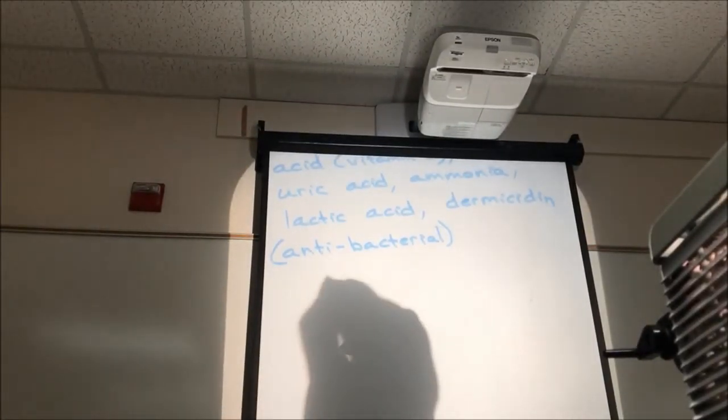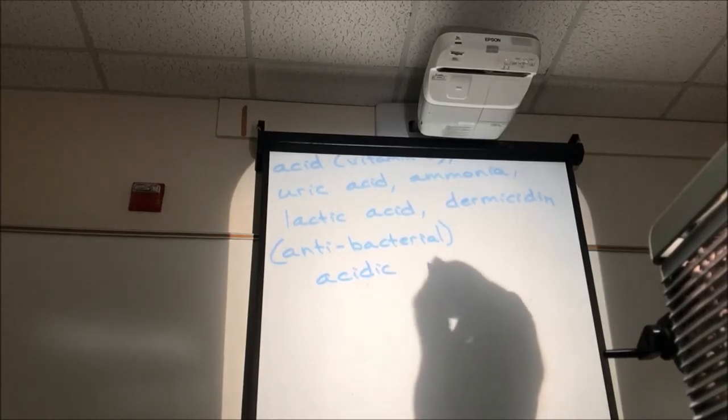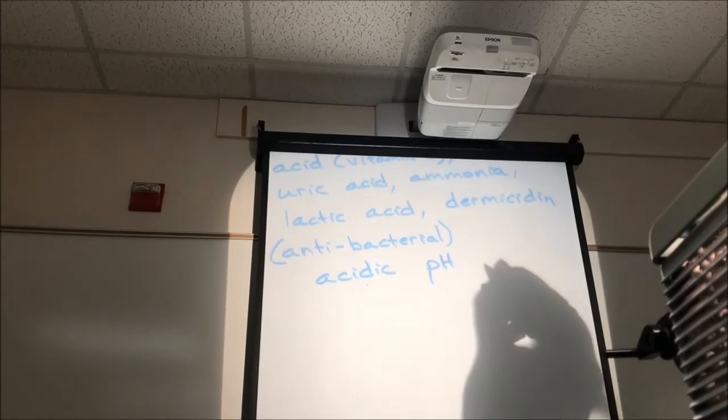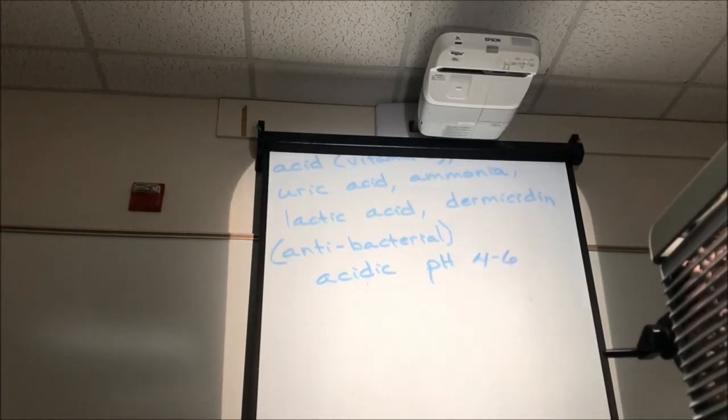For most people, the sweat is acidic with a pH that ranges between 4 to 6. This varies a lot, even in the same person. Depending on their level of activity, their nutrition, the pH of their sweat may shift depending on their physiology at the moment.